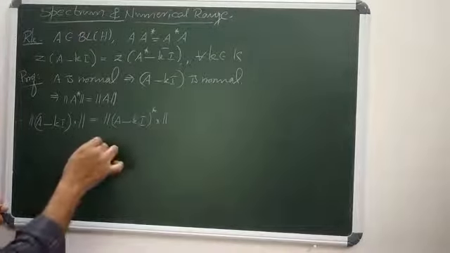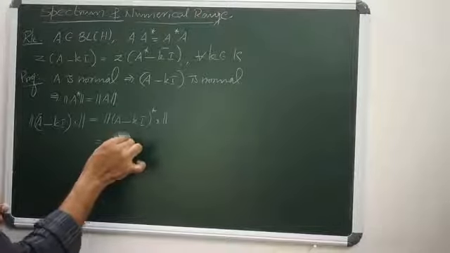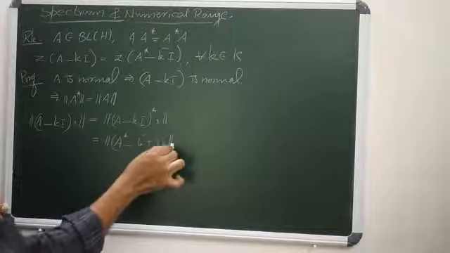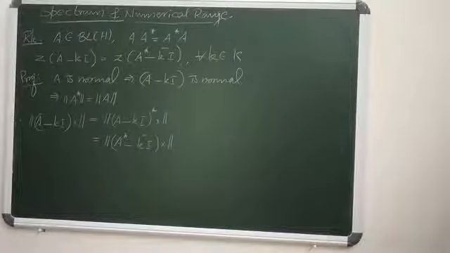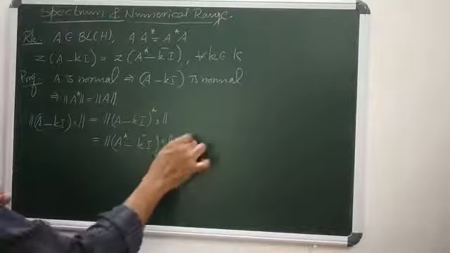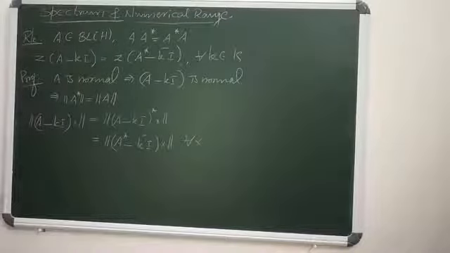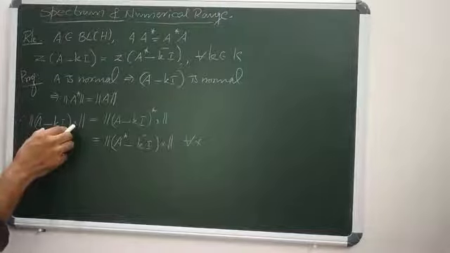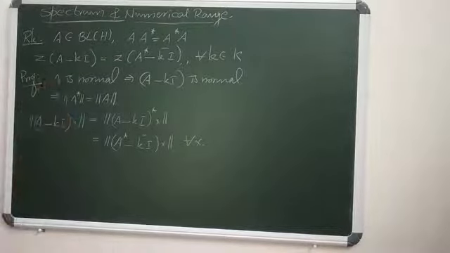Norm of (A minus k)*x means it is norm of (A* minus k-bar I)x for all x. So here we see that norm of (A minus k)x is norm of (A* minus k-bar)x.